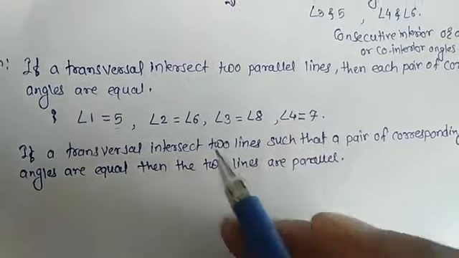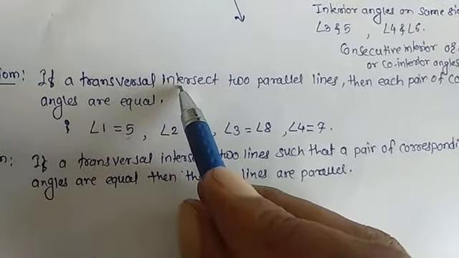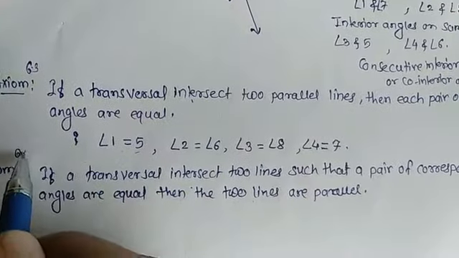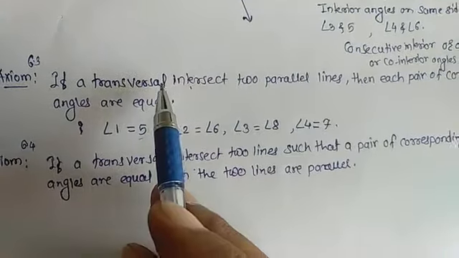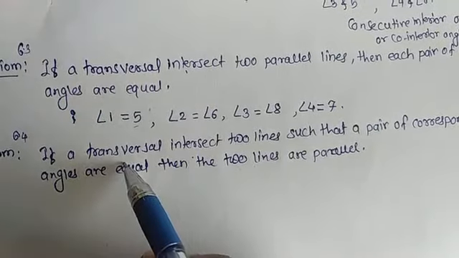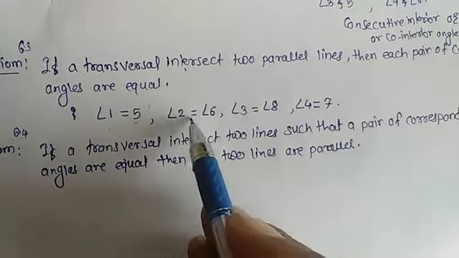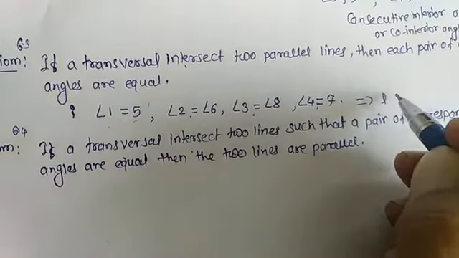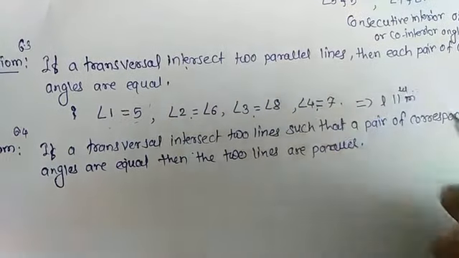That means it is the converse of the above axiom 6.3. This is axiom 6.3, this is 6.4, so the converse of 6.3 is 6.4. That means if these corresponding angles are equal, then the two lines L and M are parallel.